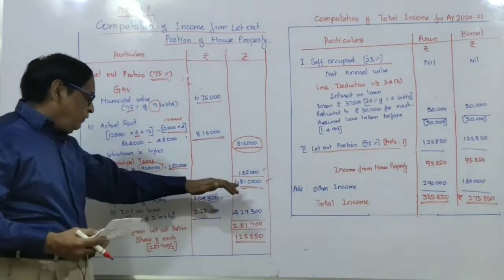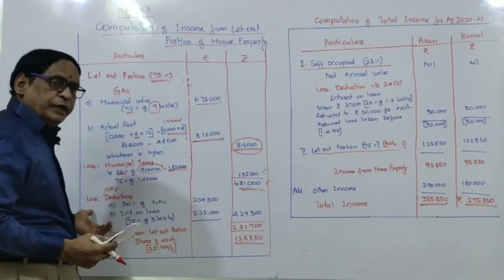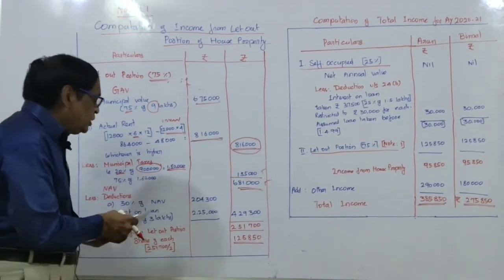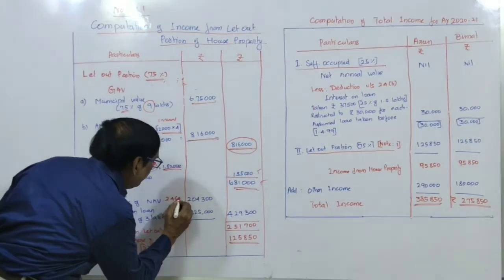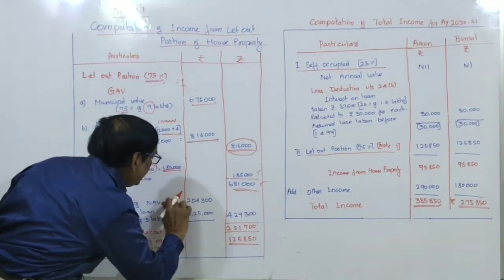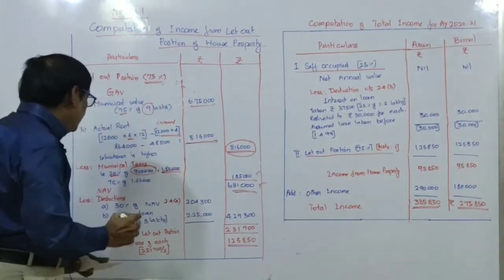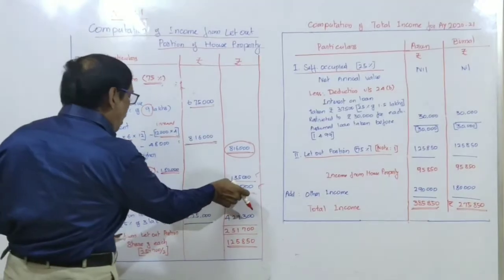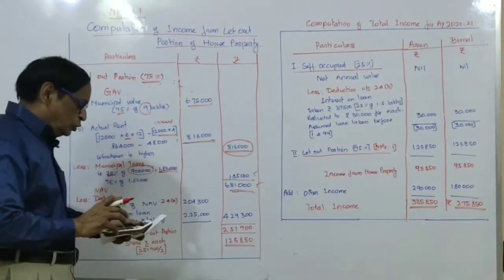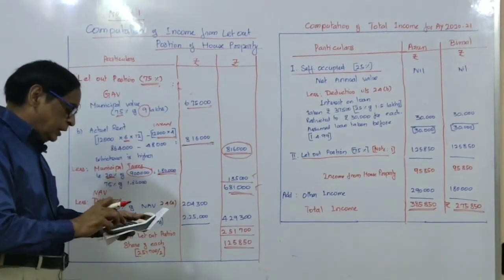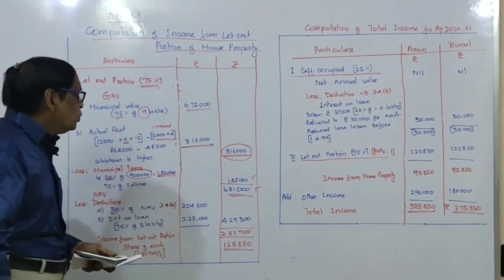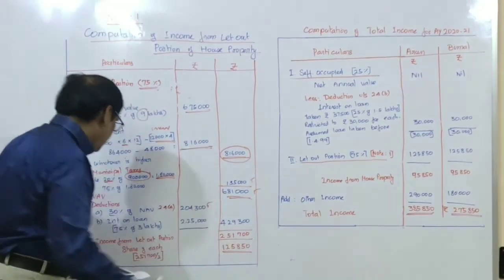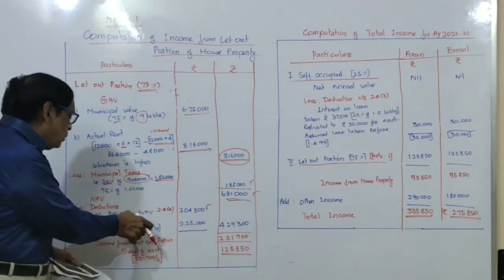Out of which we have to get the standard deduction under section 24A, 30%. So 6,81,000 into 30%, that is 2,04,300. And then interest on loan.